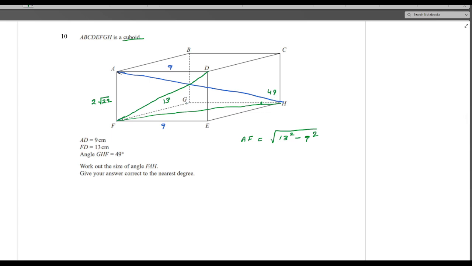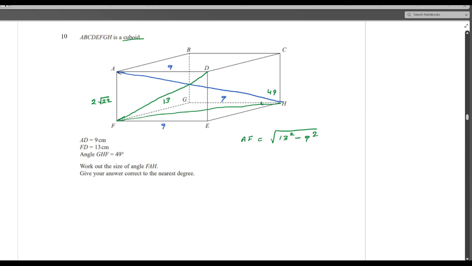Here at G the angle will be 90 degrees. What you know is that side FE is 9, so side GH will also be 9.